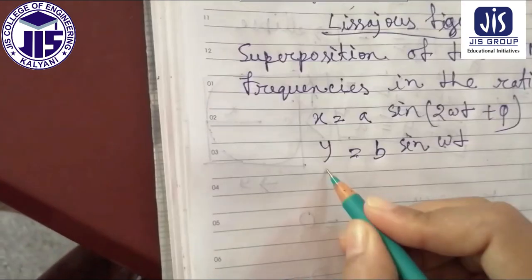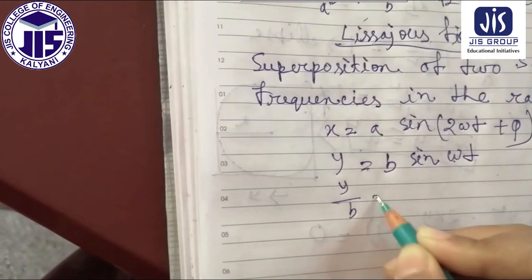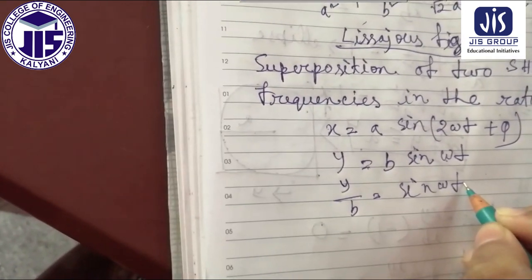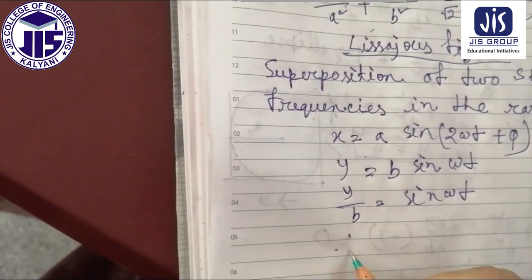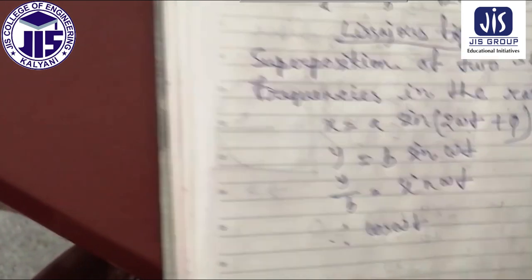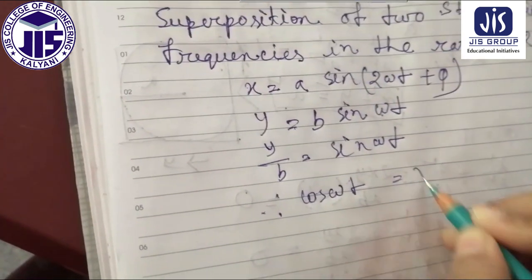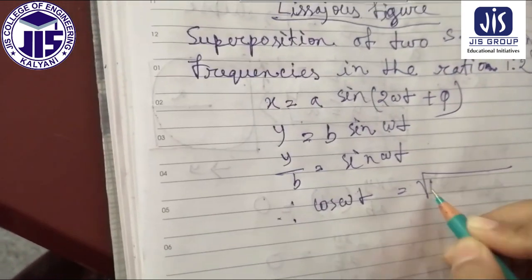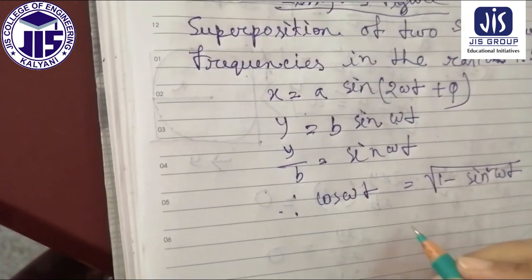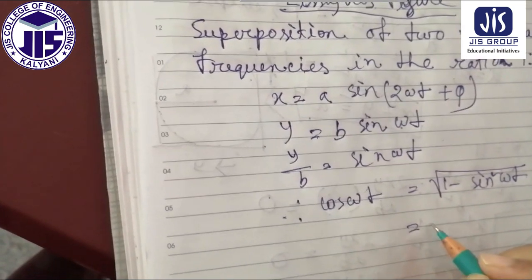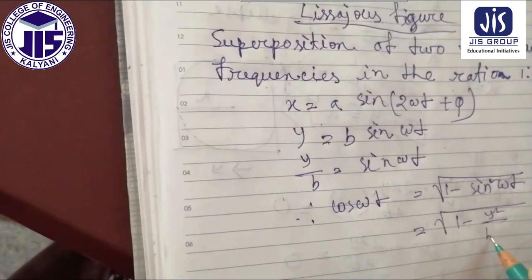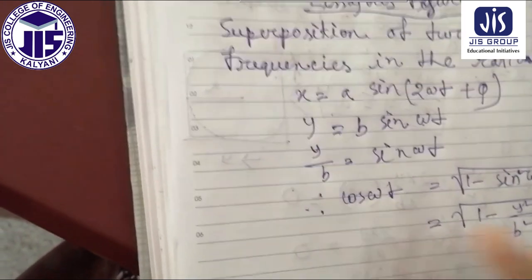Now y by b equal to sin omega t. Therefore cos omega t, what we can write, is root over of 1 minus sin square omega t, equal to root over of 1 minus y square by b square. This is cos omega t.